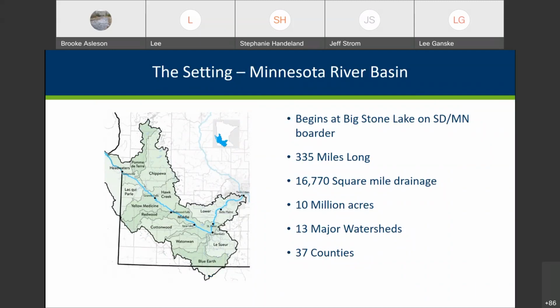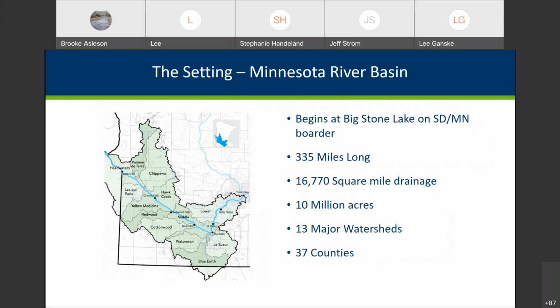Many might know Big Stone Lake. It's a long, 20-some mile lake right on the border, and that's where the Minnesota River begins. From there, it flows southeast down towards Redwood Falls and Mankato. It's approximately 335 miles in total length.